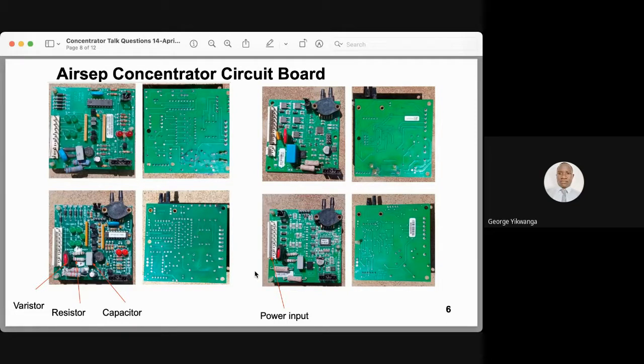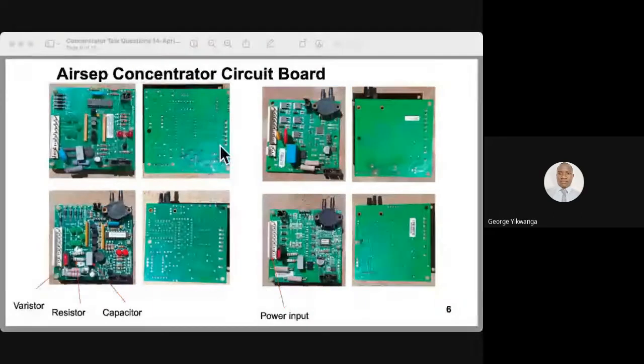You supply say 230 volts or 110 volts on that side, so that power goes through the varistor, the resistor, even the capacitor. When you have power fluctuations, these components get affected most often. The solution is that these components are easy to replace. You can get them from electronics shops, and they're easy to replace by just soldering.